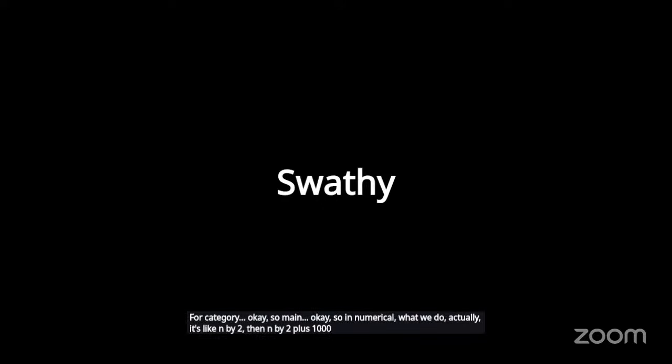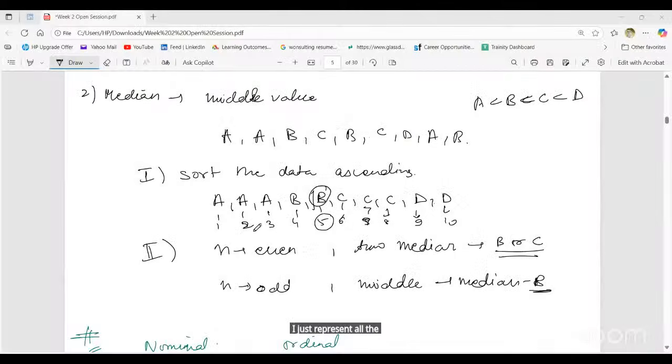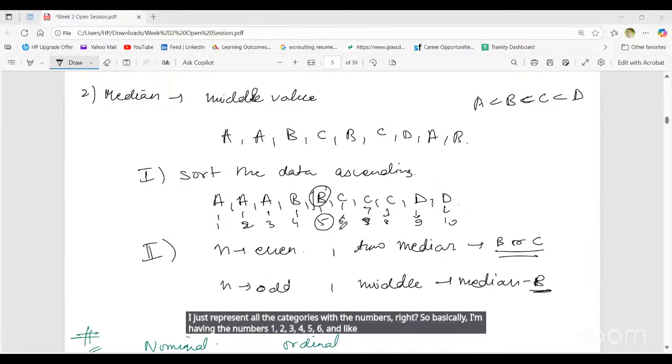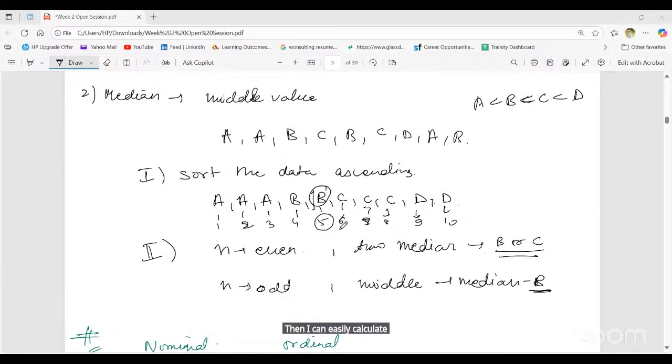If you remember, when I was calculating the median and mode, I represented all the categories with numbers 1, 2, 3, 4, 5, 6 and so on. Once I have the numbers, I can calculate easily, even with a large set of data, through n by 2. If it's odd, then it will be n by 2 plus 1. And if it's approximately.